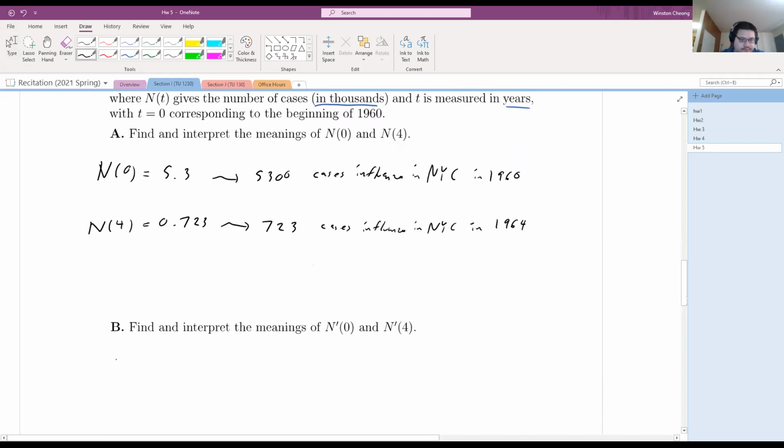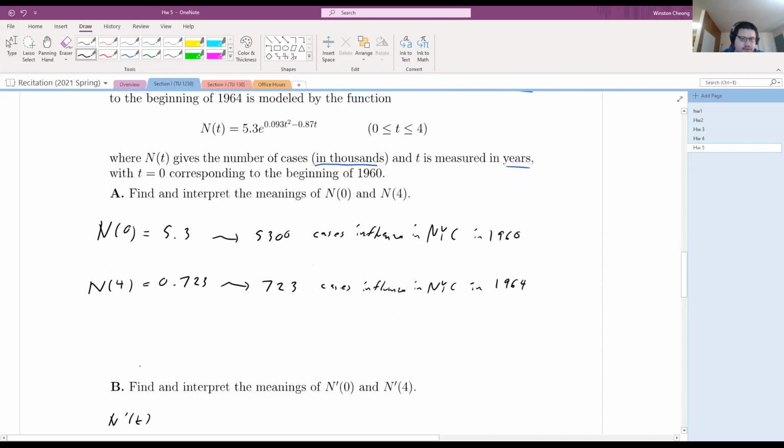n prime of t is going to be, I can just write it like this. This is an exponential function with an inner function that is a polynomial. You can take the derivative of a polynomial pretty easily, and the exponential you just copy down. The only thing that happens is a chain rule.